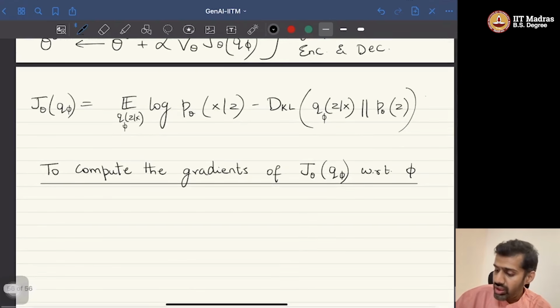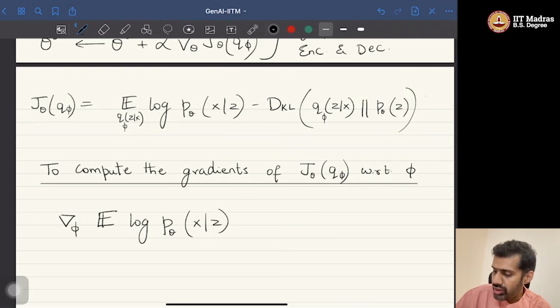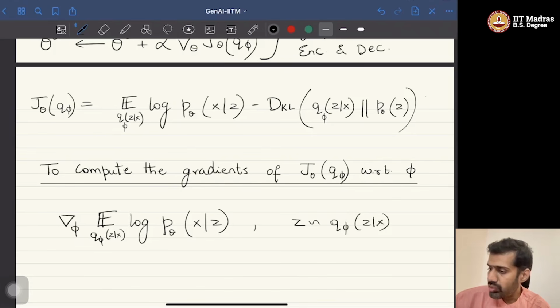Which means that we need to compute the gradient of the first term, which is the expectation of, let us go term by term, the log of p theta X given Z. The expectation is with respect to Q phi of Z given X. And also note that the Z that we are conditioning on is also coming from Q phi of Z given X.